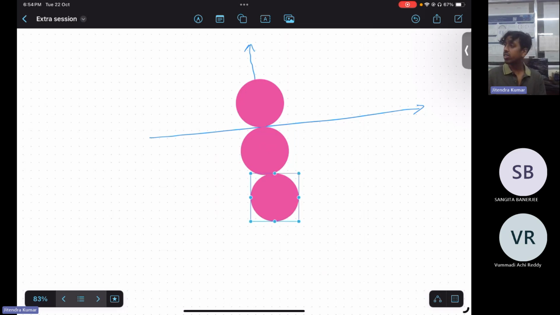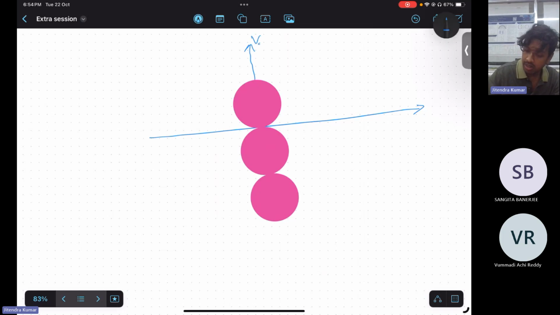Let's suppose we are given three circles with amplitude, this is Vx, this is Vy.